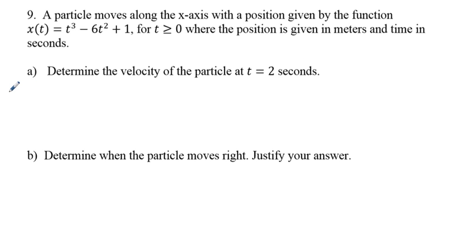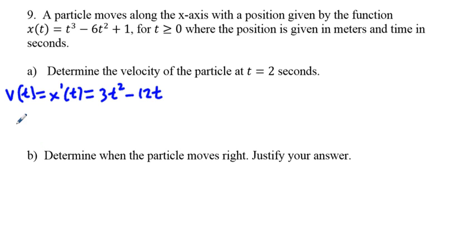Well, the velocity equation is going to be v of t, the first derivative of the position, so x prime of t, which equals, finding the derivative, 3t squared minus 12t.